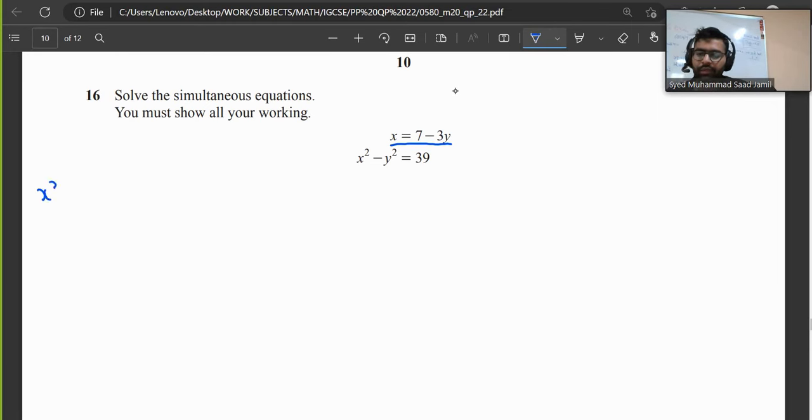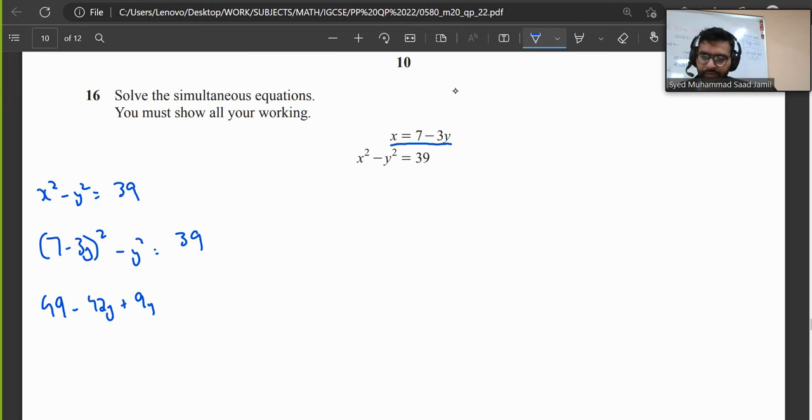So x squared minus y squared is equal to 39. Instead of x, I will just write (7 minus 3y) whole squared minus y squared is equal to 39. This is an identity, so it will become 49 minus 42y plus 9y squared minus y squared is equal to 39.